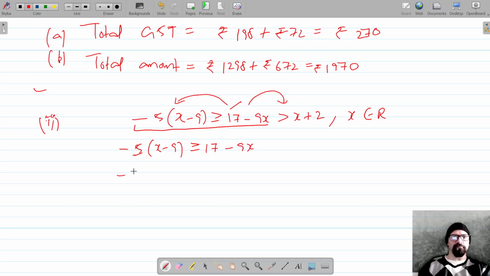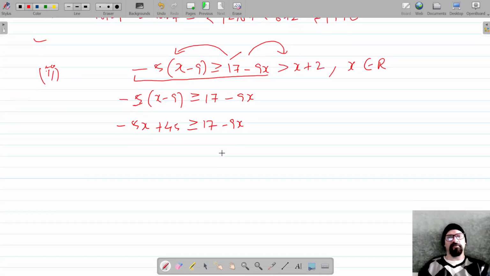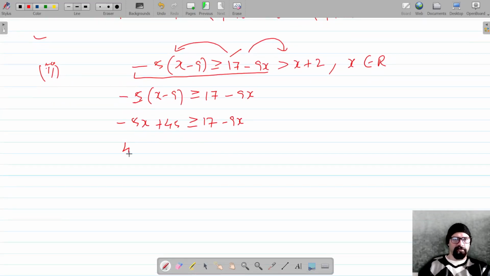Okay, minus 5x plus 45 is greater than or equal to 17 minus 9x. And this is now 45 minus 17 is greater than or equal to minus 9x plus 5x, which is minus 4x. 45 minus 17, 15 minus 7 is 8, 3 minus 1 is 2.